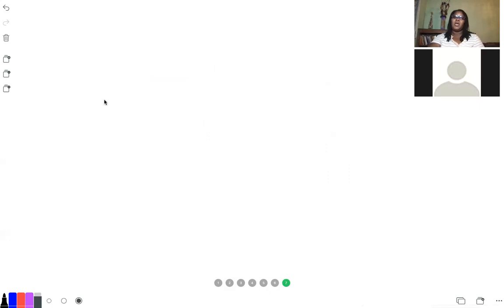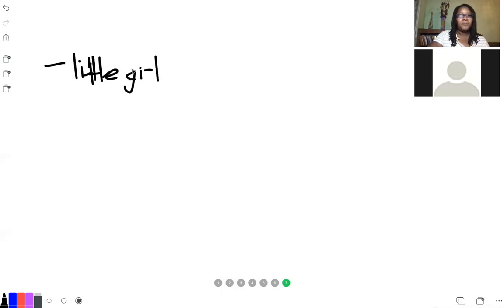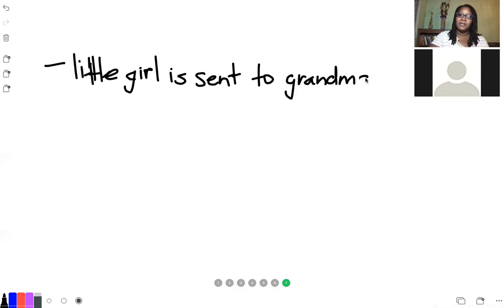So at the beginning of the story, the little girl is sent to her grandmother. I might end up having to use abbreviations to compensate for this glitching pen. The little girl is being sent to her grandmother.